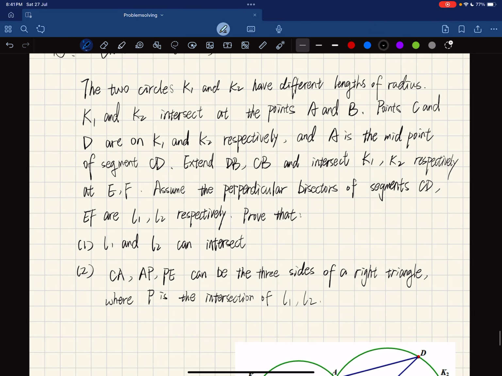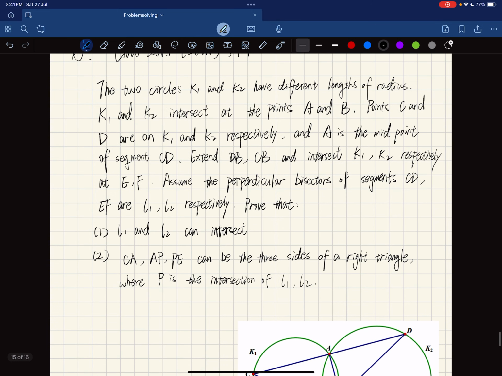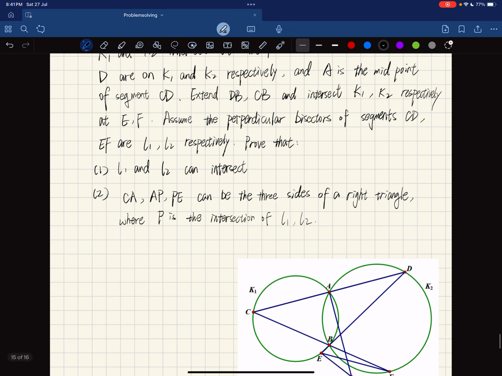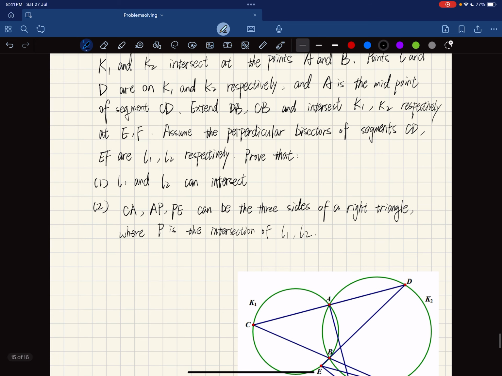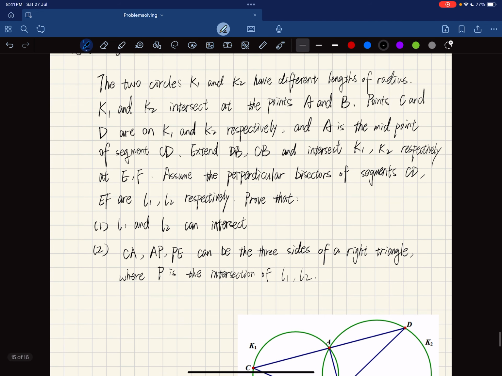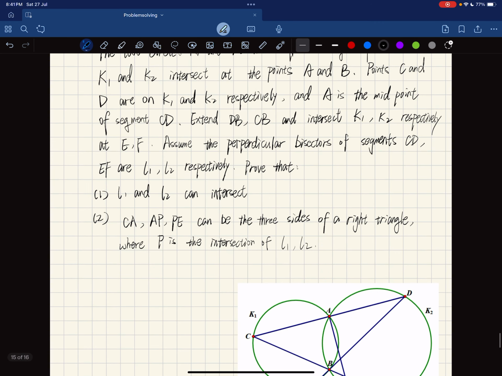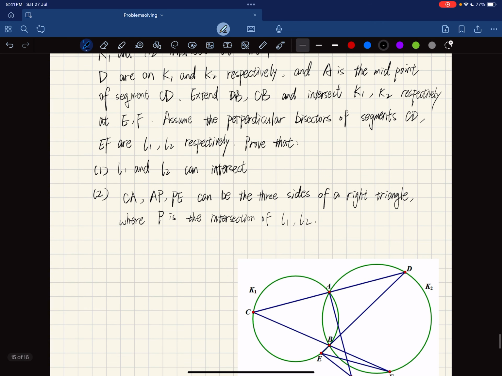In the problem, we can see K1 and K2 are different circles and their radii are different lengths. This means the diameters of K1 and K2 are different. This is obvious. They intersect at the points A and B, and points C and D are on K1 and K2 respectively, and A is the midpoint of the segment CD.